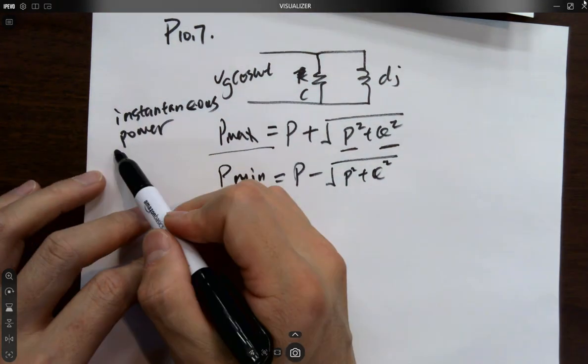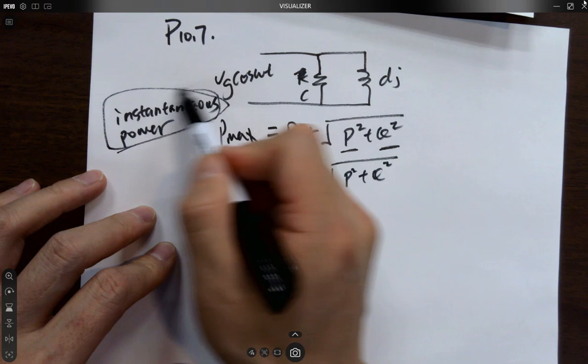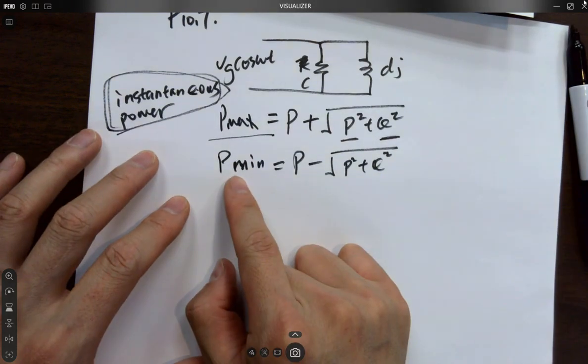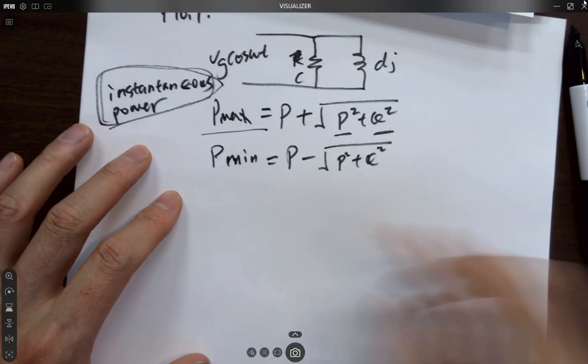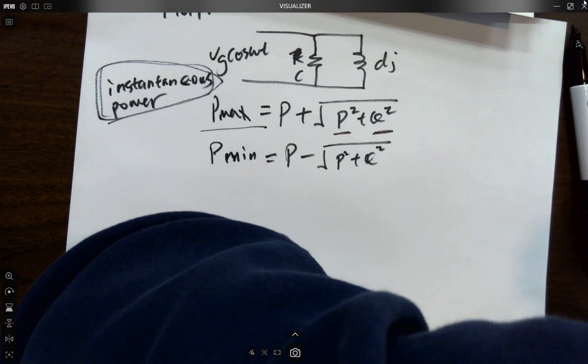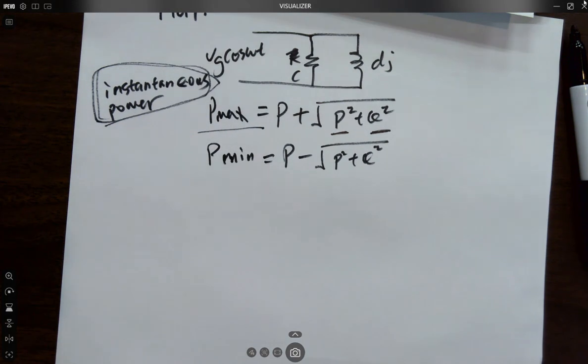So whenever it's delivering the maximum, it absorbs the minimum, like I said last time. I'll just read the problem for you, okay? The question, part A. What's the peak value of the instantaneous power delivered by the source?